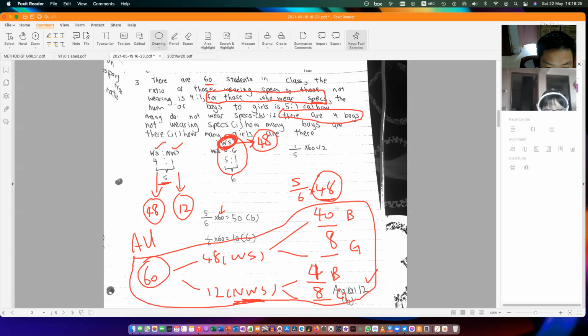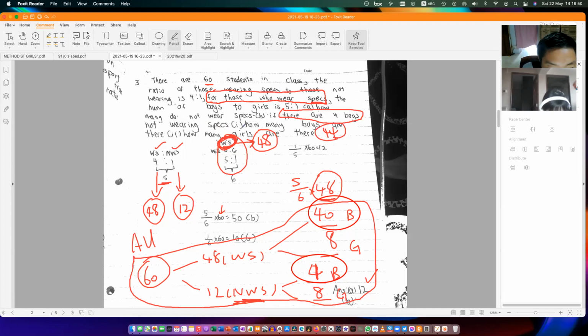Yeah, I can see. So the boys and then the boys, right? Yeah. So how many boys? 44. Yes. So 40 boys wearing specs, 4 boys not wearing specs. So the total is? 44. Yes. So the answer is 44, if they ask for how many boys.